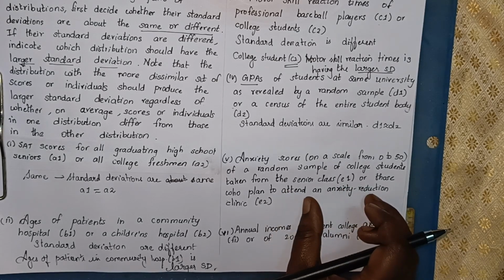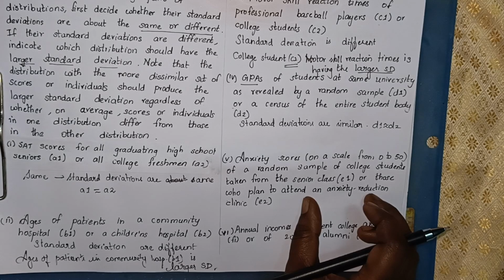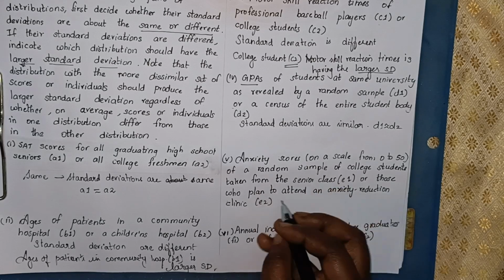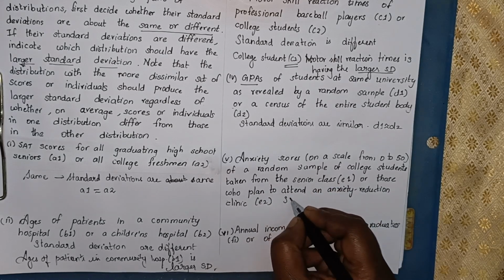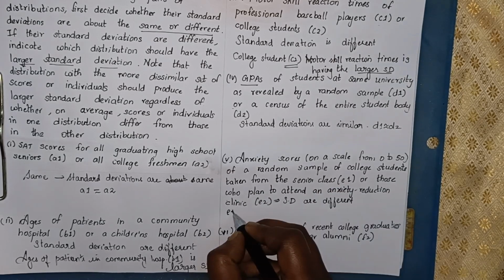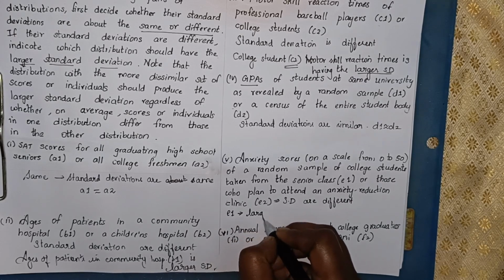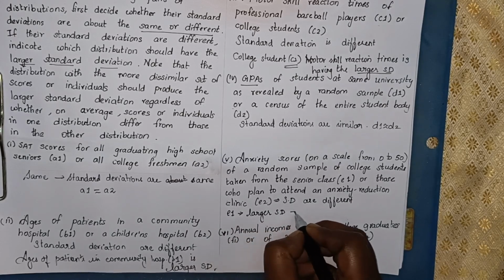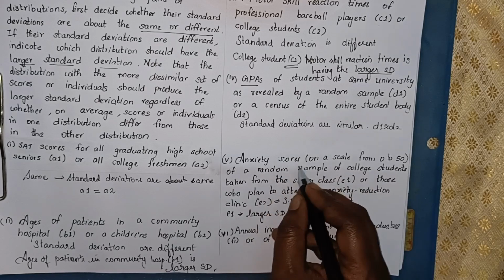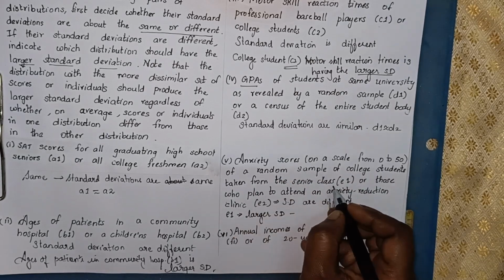But those attending an anxiety reduction clinic may have similar anxiety levels. So the standard deviations are different, and E1 will have the larger standard deviation. While writing, write the case fully: anxiety scores of a random sample of college students taken from the senior class.